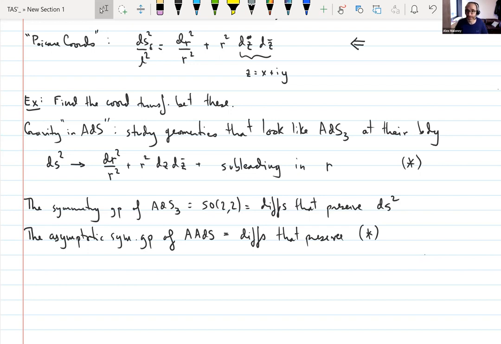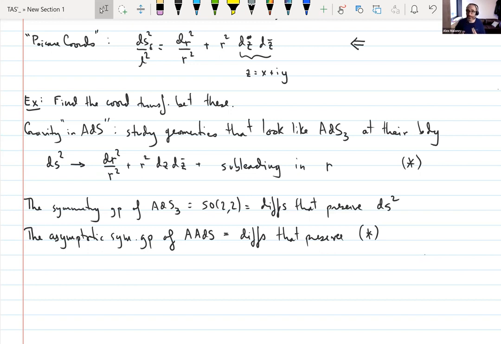These are charges that generate diffeomorphisms, so the corresponding charges are going to be built out of the stress tensor. And so you need to study the stress tensor of this theory, compute the corresponding charges, and demand that they're finite. Okay. And we're going to go ahead and discuss that momentarily.